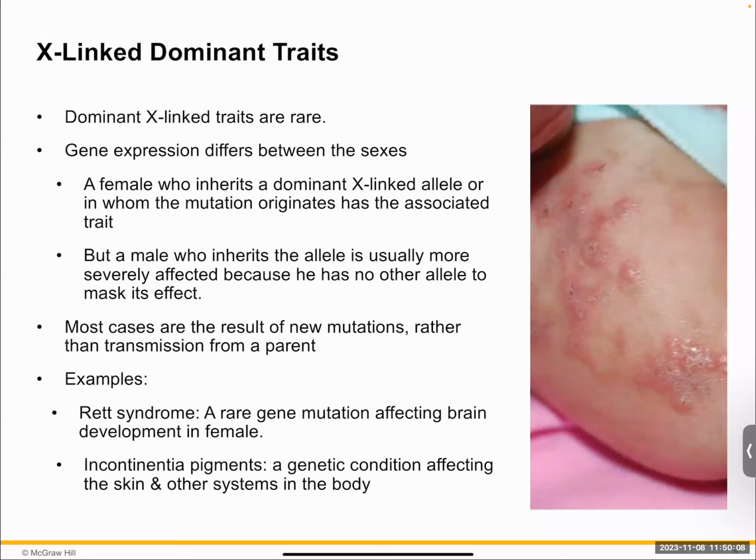One of the examples of these X-linked dominant traits is called Rett syndrome. Rett syndrome is a very rare medical condition that affects the development of the female, I guess, the development of the female brain or nervous system. So they are identified as handicapped.